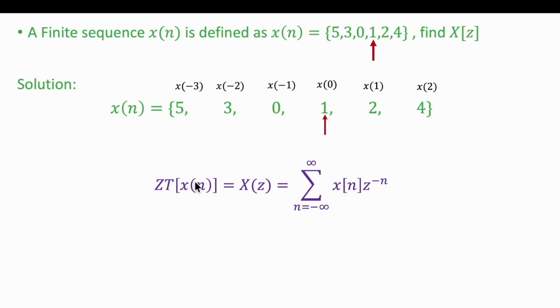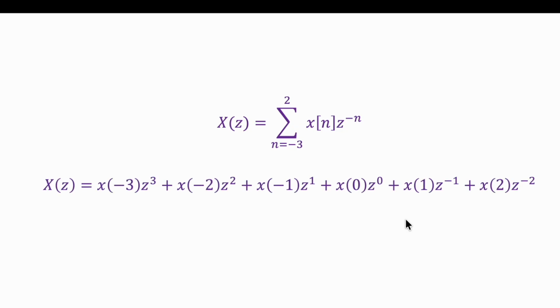So you can use again the z transform formula, the same formula, and you can see the lower limit. Now you have minus 3 and the upper limit you have 2. So you can use these limits in this question and easily solve for the values.